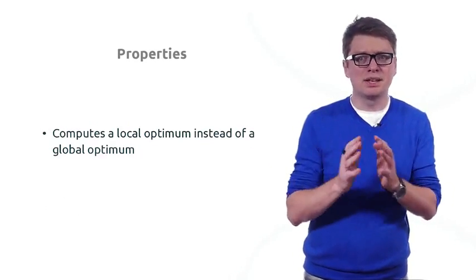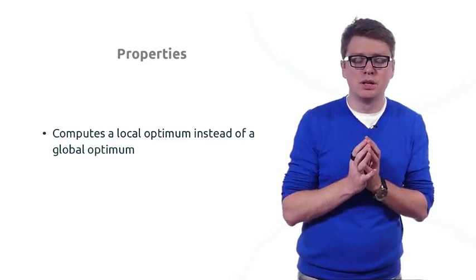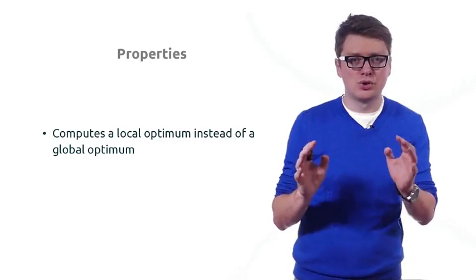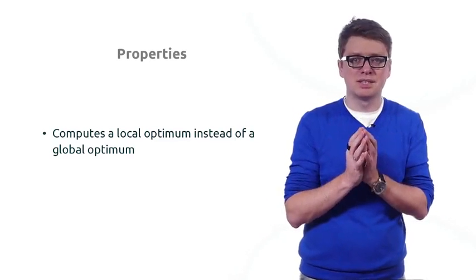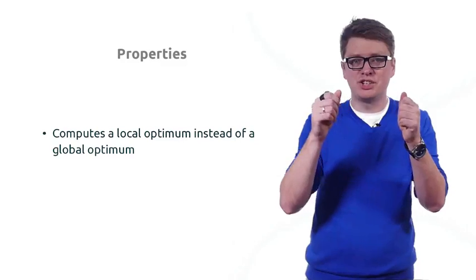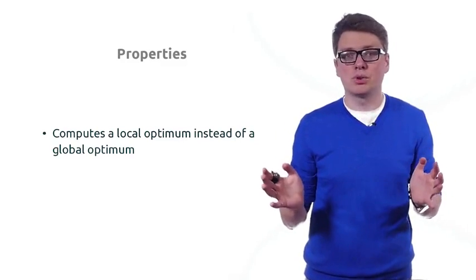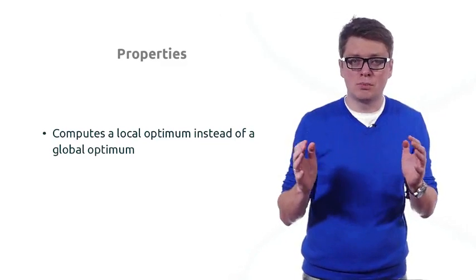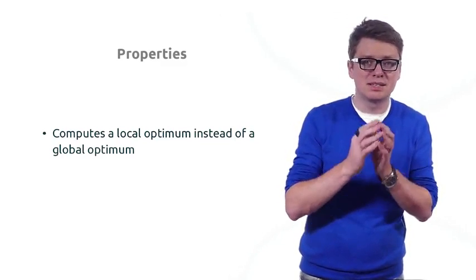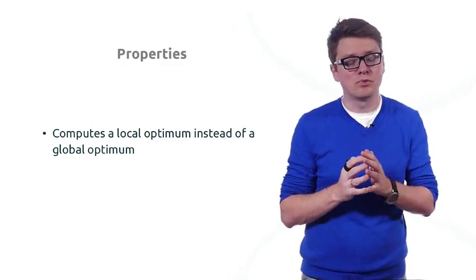What is clear about it is that it returns some locally optimum solution. So at least we are sure that when we return some solution, it is not possible to improve it by changing some d edges. At the same time, there is no guarantee, of course, whether this solution is globally optimum or not. This only means that by changing d edges in it, we cannot improve it, right?